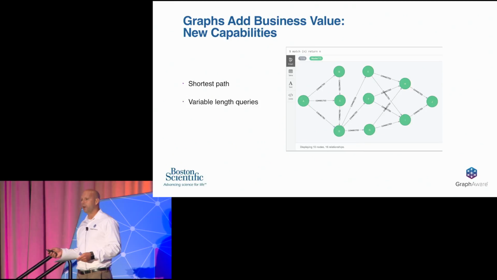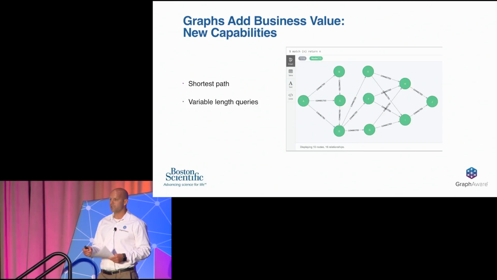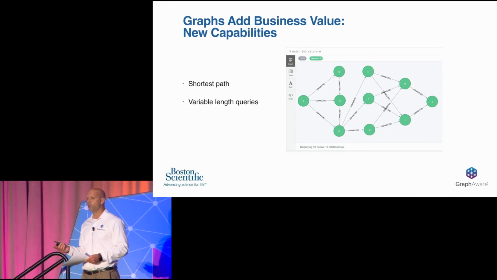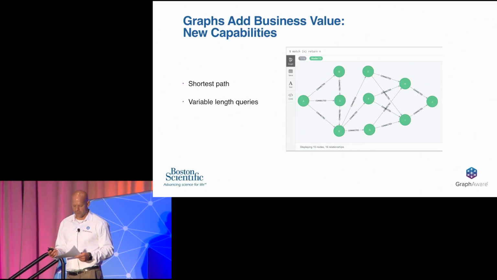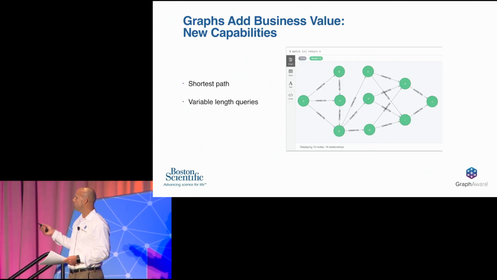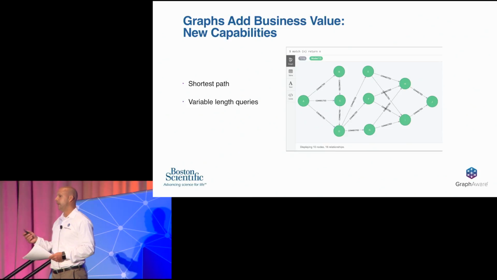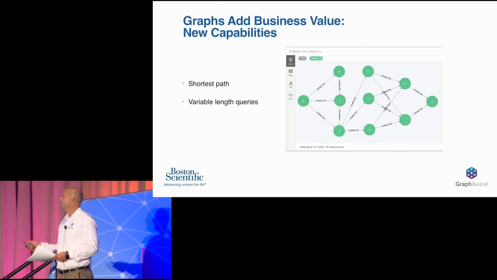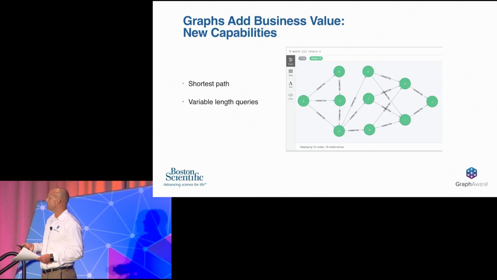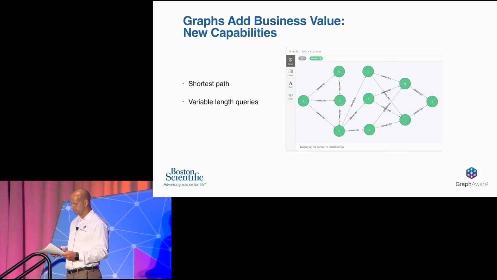So as we're talking about areas where Boston Scientific has had business value gained, we first covered performance improvements, then we covered these non-functional areas. The third area is in new capabilities that they've gained from adopting Neo4j. And two of those examples are shortest paths and variable length queries.